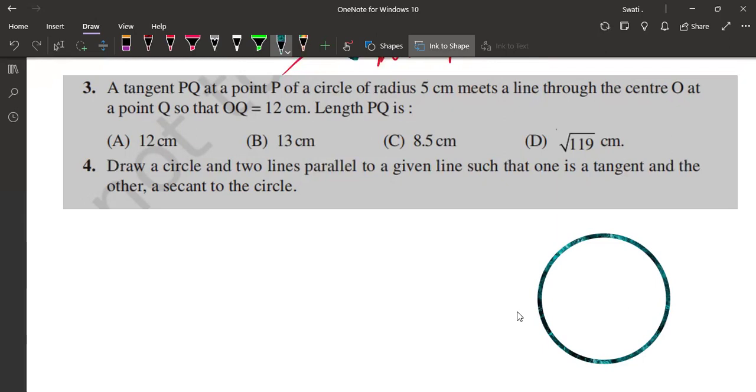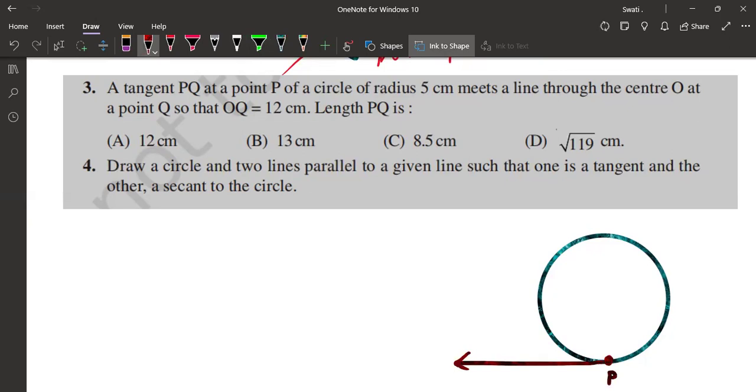Right? Okay. So there is a circle, of course. They're talking about tangents, so of course we will have a circle. So a tangent PQ at a point P. That means there is a point P. Let me change the color. Suppose there is a point P and a tangent PQ.